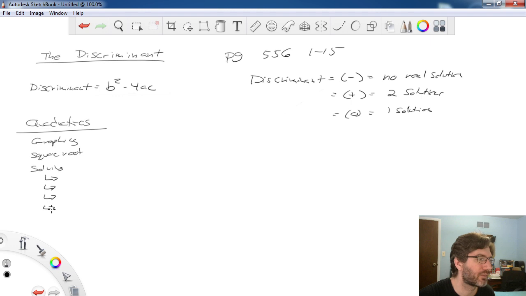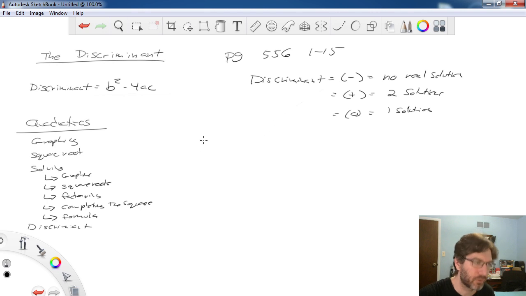We solved by graphing, by square roots, by factoring, by completing the square, and by the formula. And then today we did the discriminant.